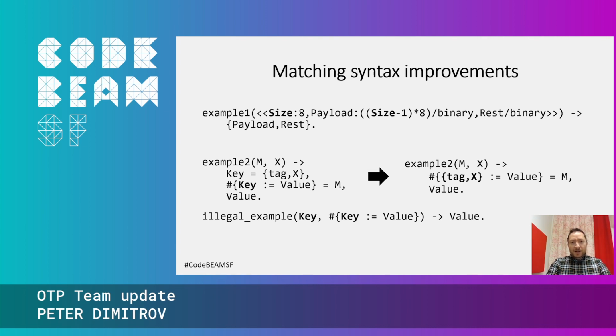This leads to unnatural code if the keys in a map are complex terms. In OTP 23, the keys in map matching can now be guard expressions, as you see in example 2. The only limitation is that all variables used in the key expression must be previously bound.